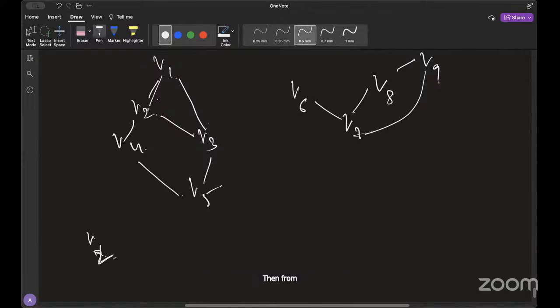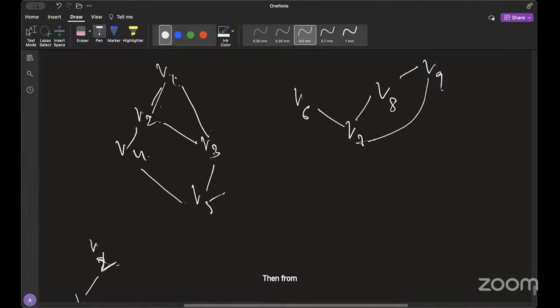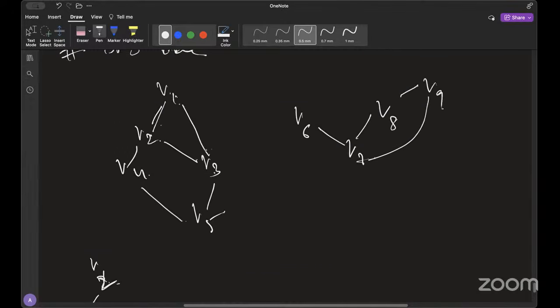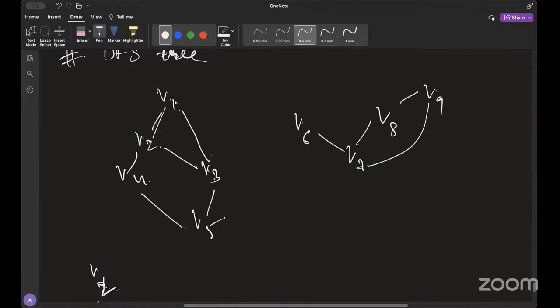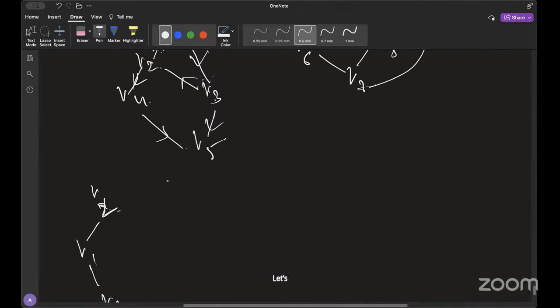Then from V2, you can go to V1. Then from V1, you can go to V3. Let's make the directions too.